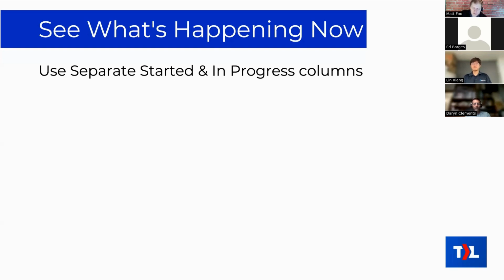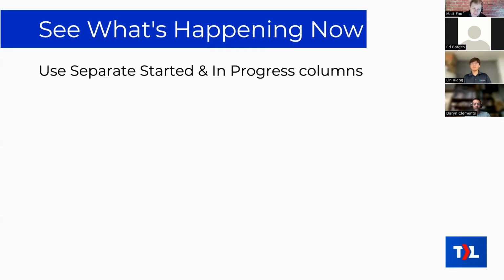If that's the case, then you can actually have two columns on your Kanban board. One is for the started work and one is for the in progress. And in progress actually means in progress at this very moment. So whatever any engineer is working on at that very moment should be what's in the in progress column. The started column can be for the things that they've started, they haven't finished, they're not blocked on anything, they're just waiting for time to get done. Those things live in the started column.